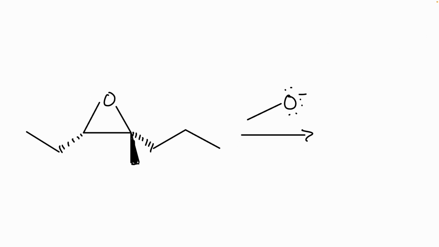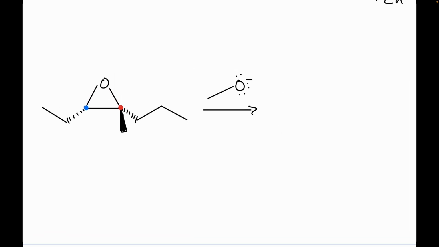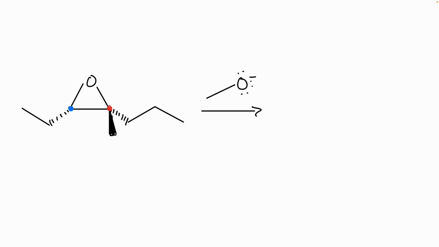If I color my carbons here blue and red, which one do basic nucleophiles prefer? Always the more accessible for basic. So this thing's going to come along and attack from the opposite side here.